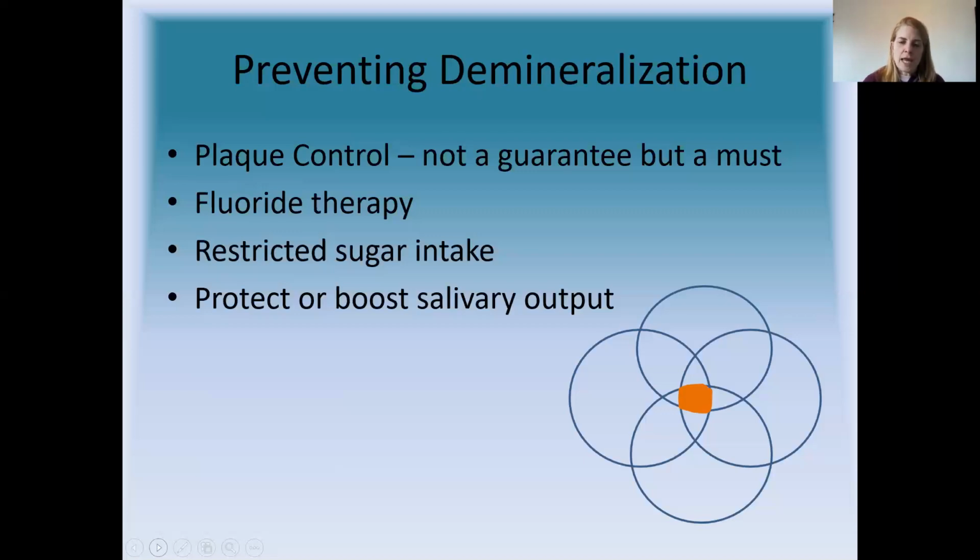Restricting their sugar intake and basically their frequency of sugar intake. Sure, we'd like to say no sweets, no candy, but that's not realistic in a lot of people's lives. They go to the vending machine, they go to the pop machine for an afternoon pick-me-up. If we can reduce their sugar intake, look at where their sugar sources are coming from, and then reduce or limit the sugar intake and let them know the frequency of sugar in the process.